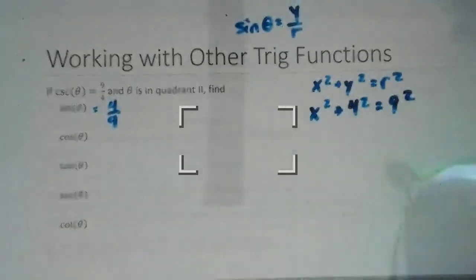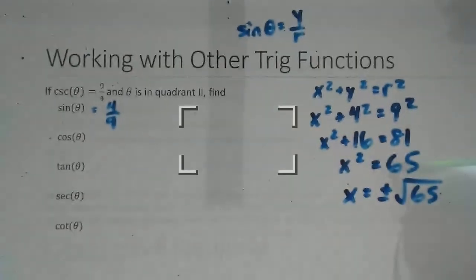So x squared plus 4 squared equals 9 squared. So that means x squared plus 16 equals 81. If I subtract over the 16, I get that x squared is equal to 65. And if we square root that, we get x is equal to plus or minus the square root of 65.